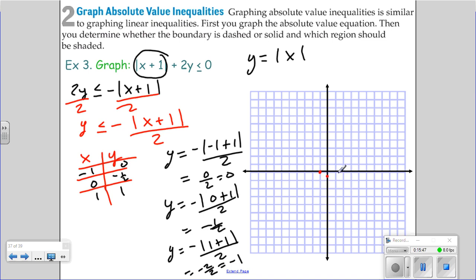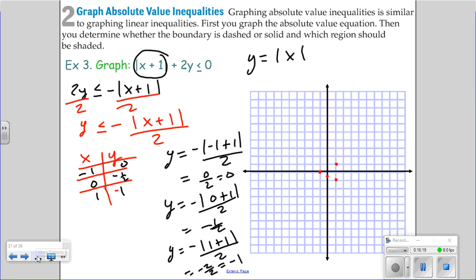And then 1, 1 is up here. Oh, I'm sorry. It's a negative 1. 1, negative 1. So it's down here.